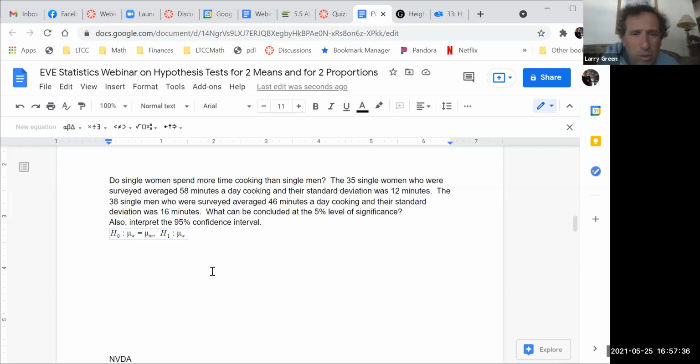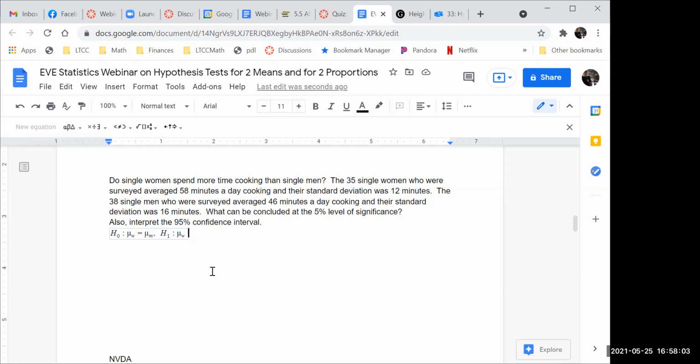So what's the inequality? And what's the key word? Based on that word, what is the inequality? It's in the question. Greater than mu sub M.